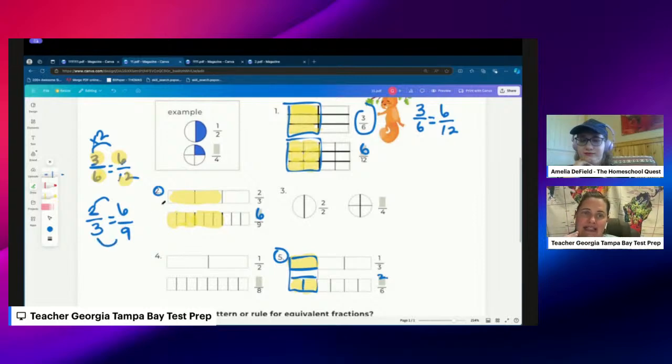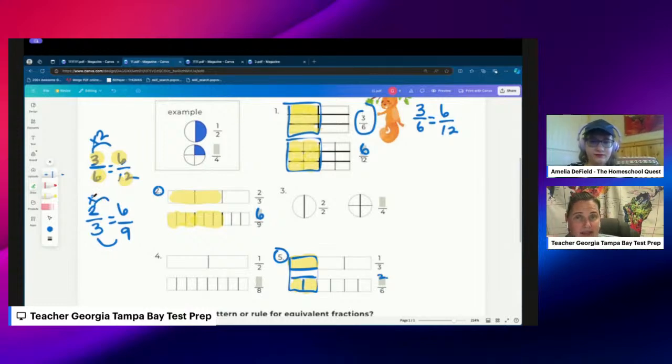That would mean it's an equal or equivalent fraction. So I'm going to watch in chat. Let's start with our numerator. 2 times what would equal 6?